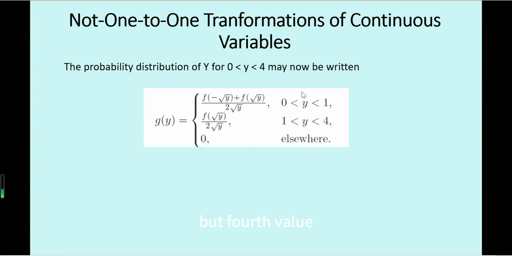But for y between 0 and 1, it is not a one-to-one transformation, because there are two inverse functions of x in terms of y for this range of y. That's why there are two parts added together.